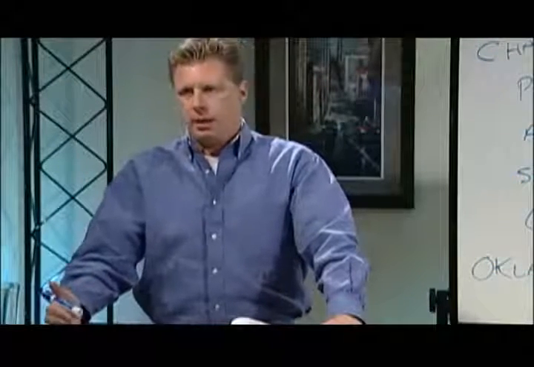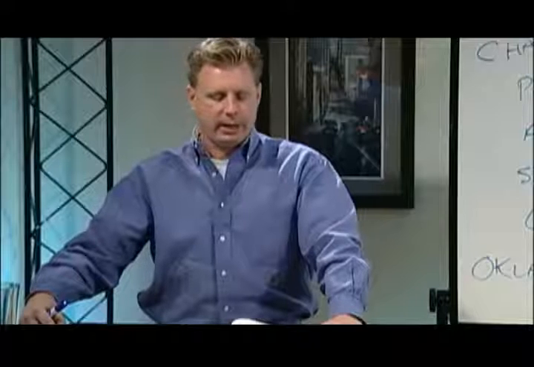When you list a property, that listing agreement has a portion that is written that states, if at some point in time an agent from my company shows this listing, would you agree to allow that to happen?